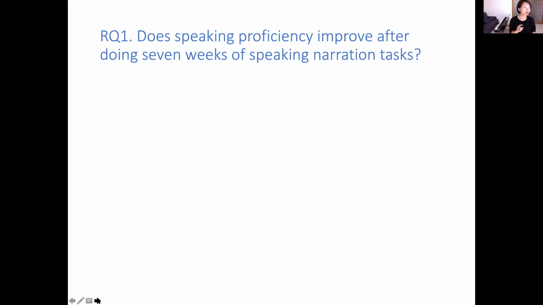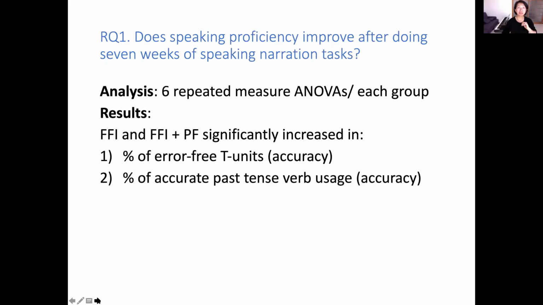Now I'm going to look at some of my research questions and results, but because time is running short, I will skip some of the research questions and move on to the more interesting results.